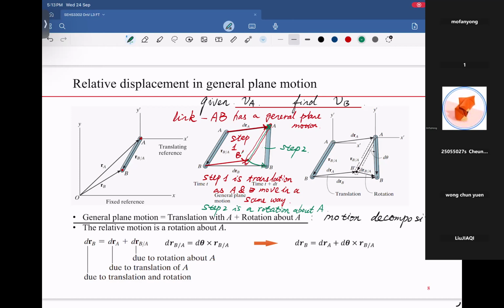So therefore, we can have such a decomposition. I just highlight here. The general plane motion of AB is a translation with A plus a rotation about A. Is it clear? For this page, page 8, can you understand this highlighted part?